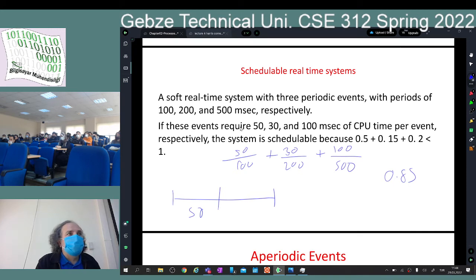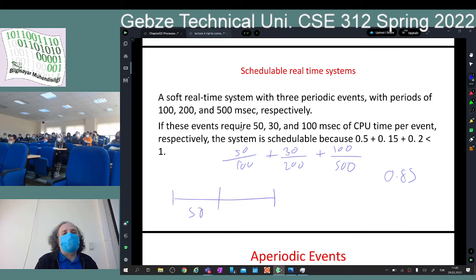The second process says that every 200 milliseconds I am going to run, and I will take 30 milliseconds. So it doesn't need more than 15% of the CPU time. And the last one says that every 500 milliseconds I will run, and I'm going to use 20% of the CPU time. If you add them together, that will be my schedulability.